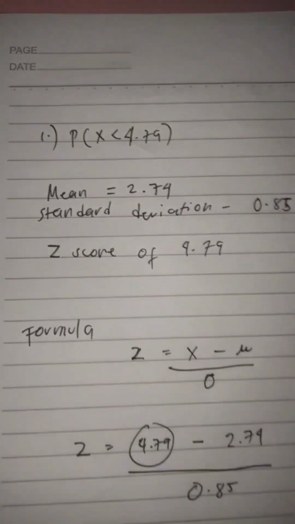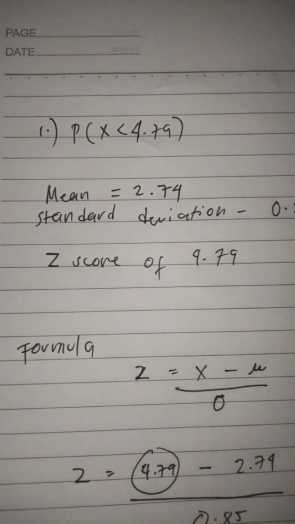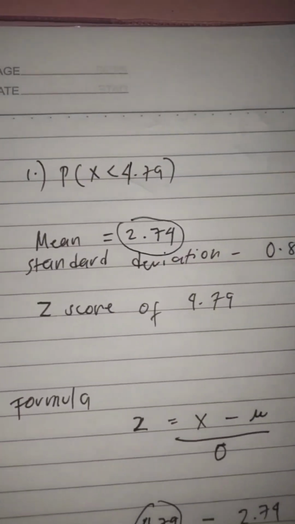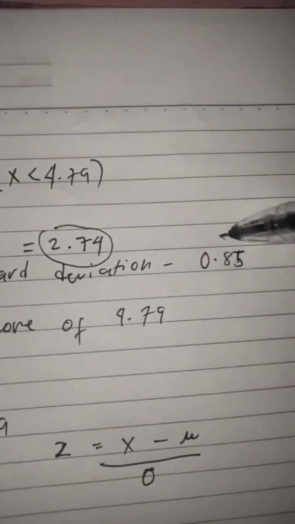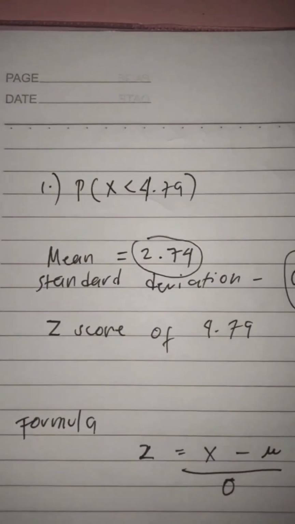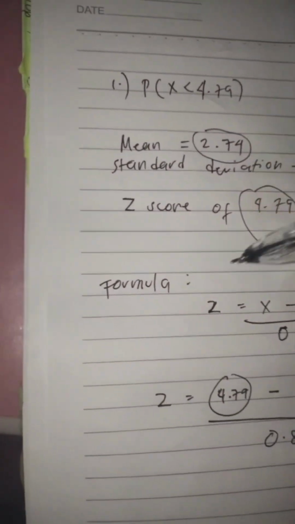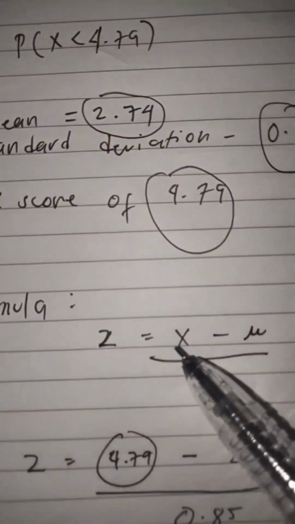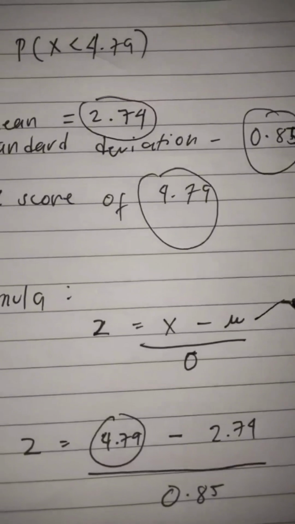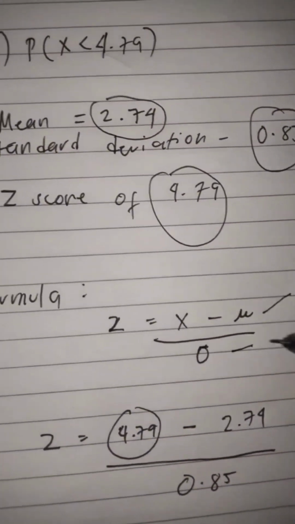Let's proceed to example number 1 in the manual. We have a mean of 2.74 and a standard deviation of 0.85, and we must find the z-score of 4.79. The formula is z equals x minus the mean, divided by our standard deviation.